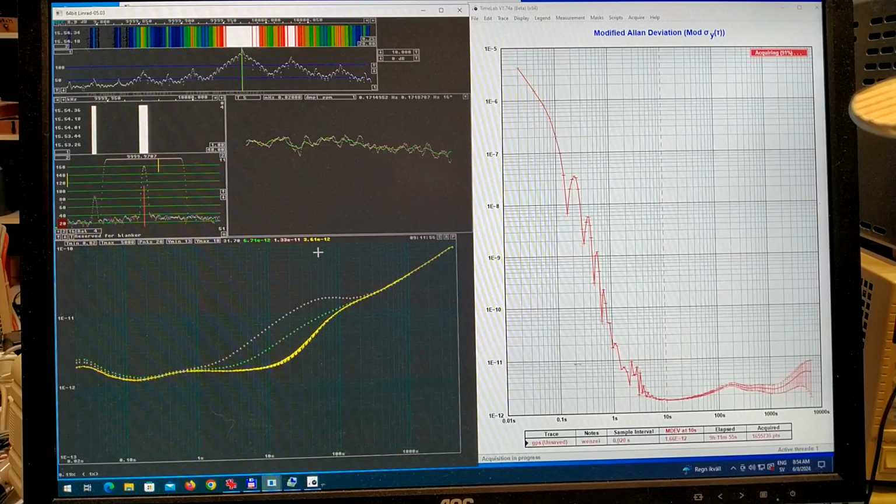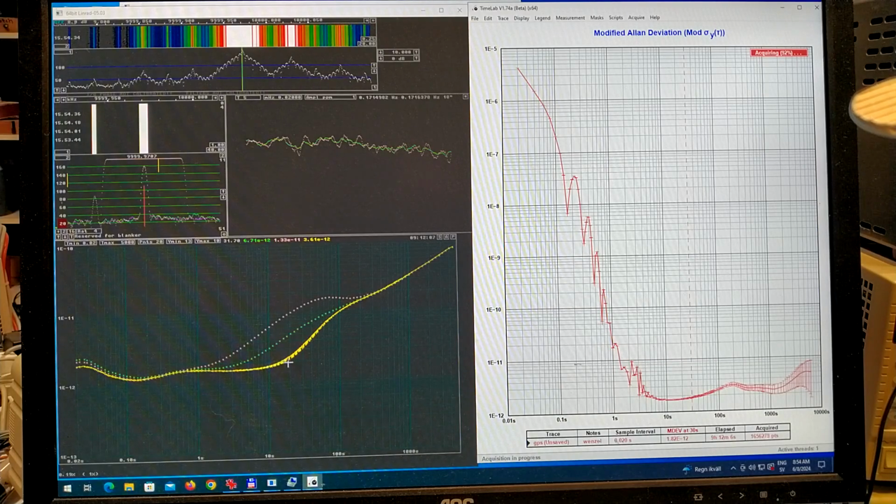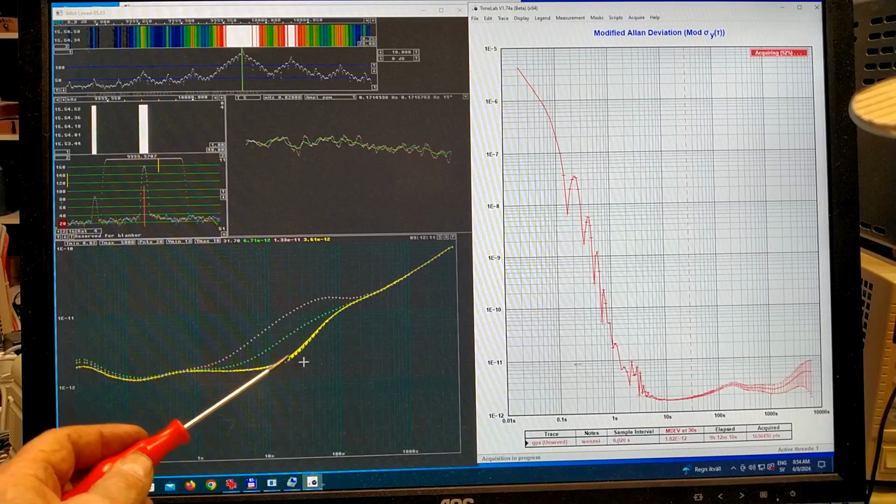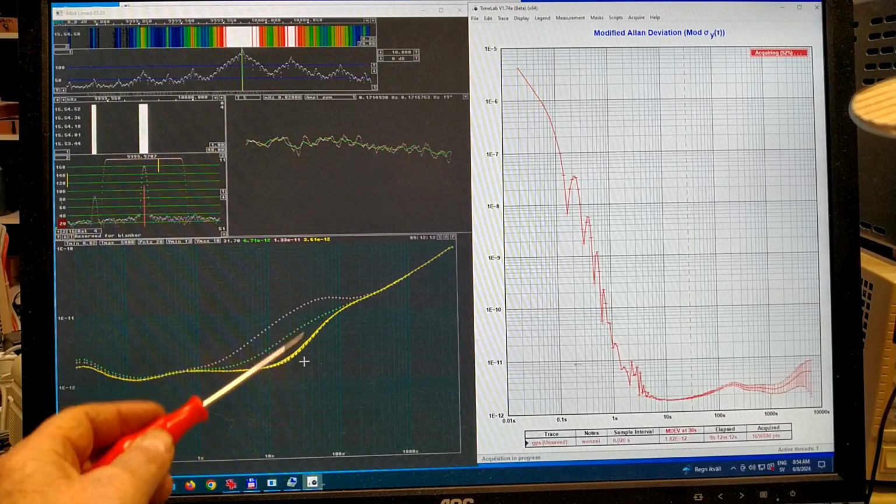I read 3.6 there, and at 30 seconds here I read 1.82. So that is a limitation of my system. I need a better oscillator for channel 2, then I could read up to maybe 30 seconds or so.